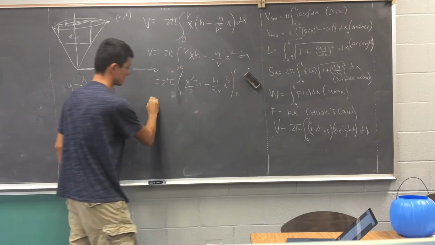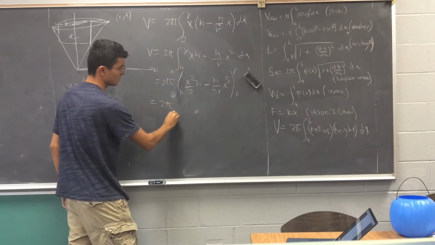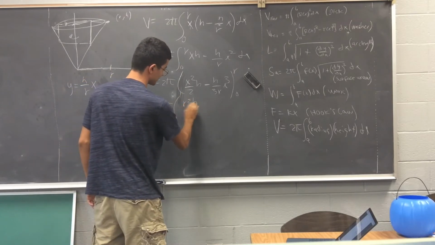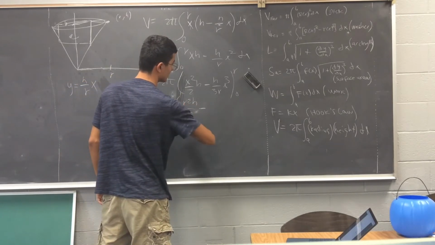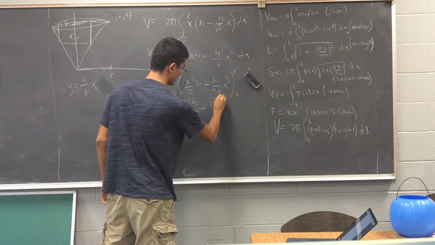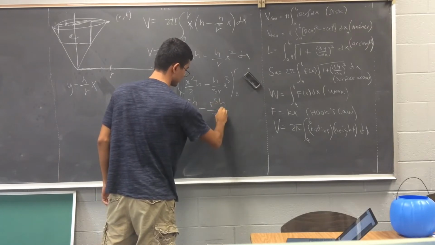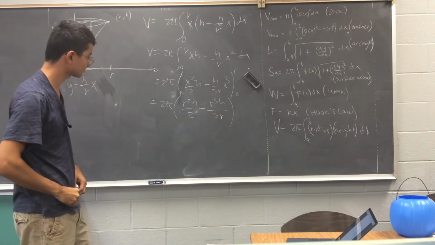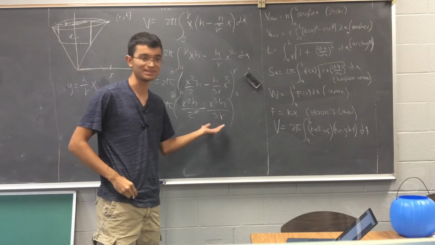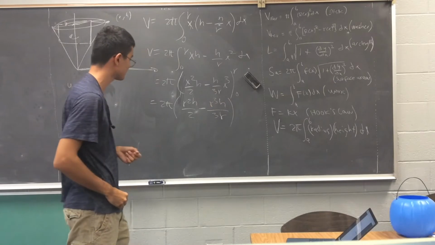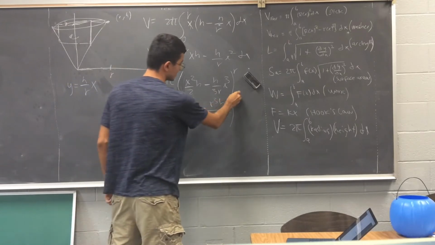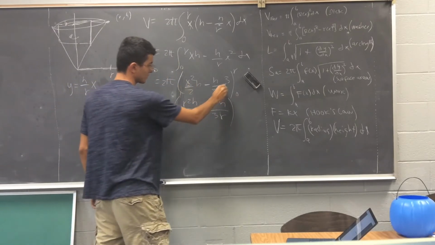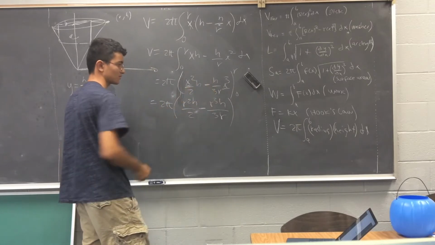All right, so that's going to give us 2 pi times r squared h over 2 minus r cubed h over 3, times r... I mean r squared h over 2 minus r squared h over 3. Good. Now all we have to do is find the common denominator. I didn't evaluate it at 0 because you have x's in each term, so that's just going to be 0.